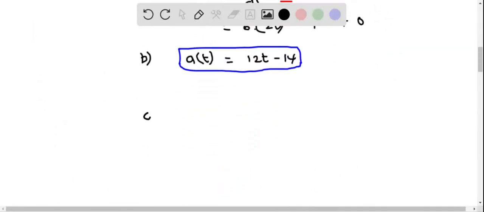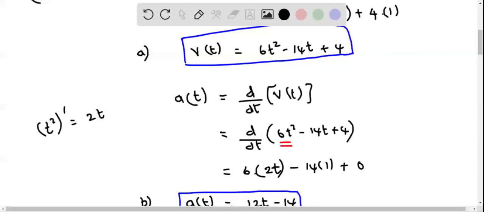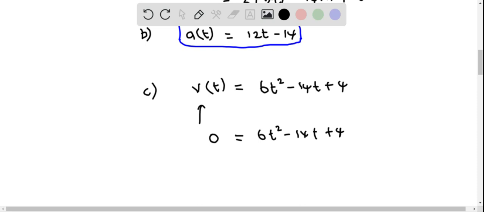So first I'm going to consider the velocity function, and I will replace the velocity function as 0. So first let me copy that, that is 6t squared minus 14t plus 4. Now we have to replace velocity equal to 0, because we have to determine the acceleration at the first instant when the velocity is 0. So I put velocity equal to 0. This equals 6t squared minus 14t plus 4.